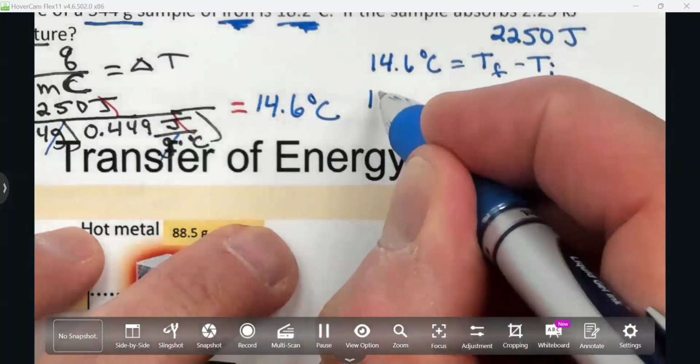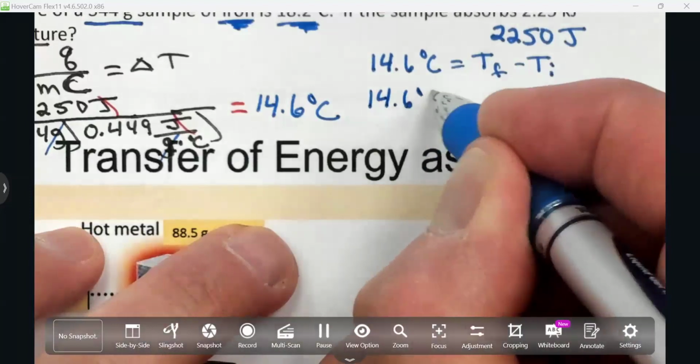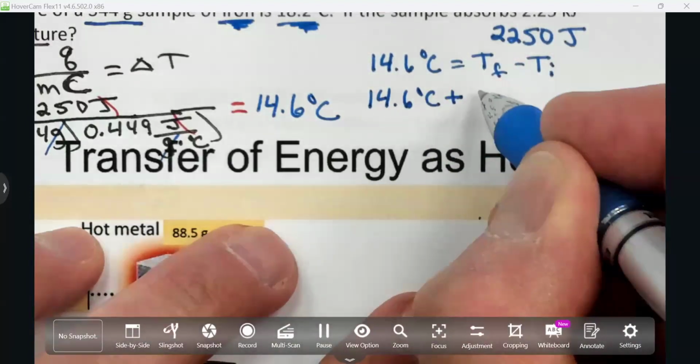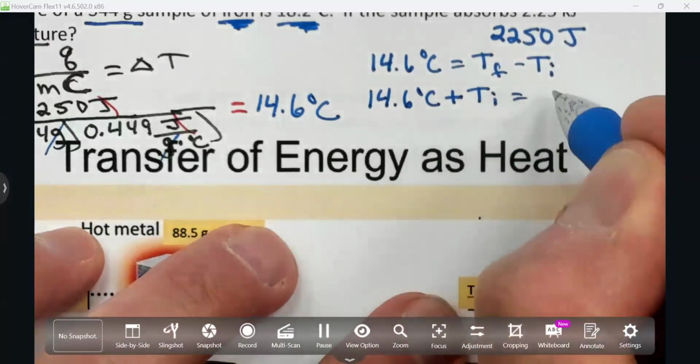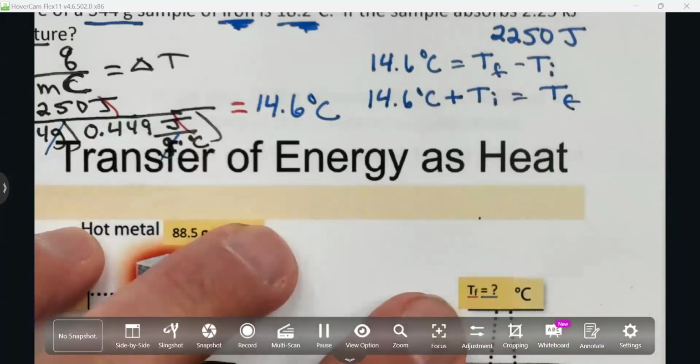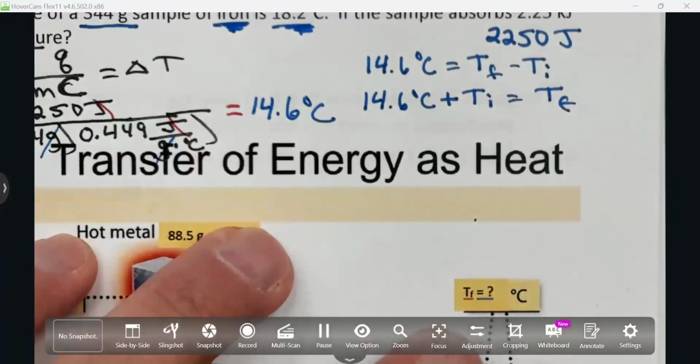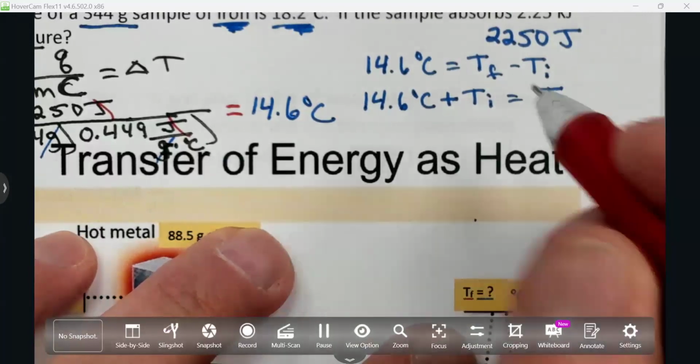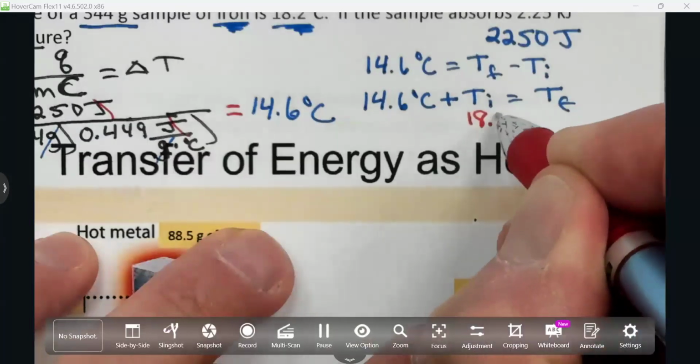So I'm going to have 14.6 degrees Celsius plus T initial is my T final. And my T initial is 18.2.